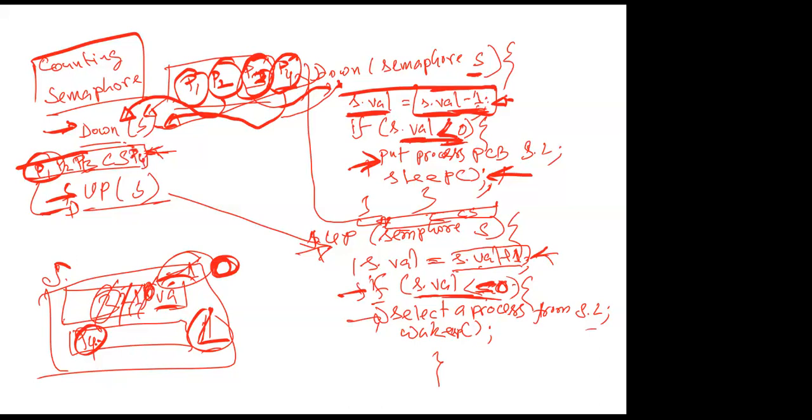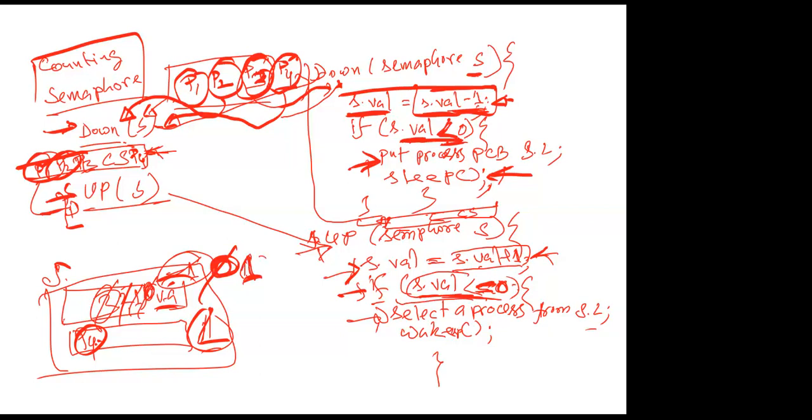Once P2 is also done, P2 will call the up function. It will increase the value from 0 to 1, and then check the condition less than or equal to 0. No, it is not, it is 1.